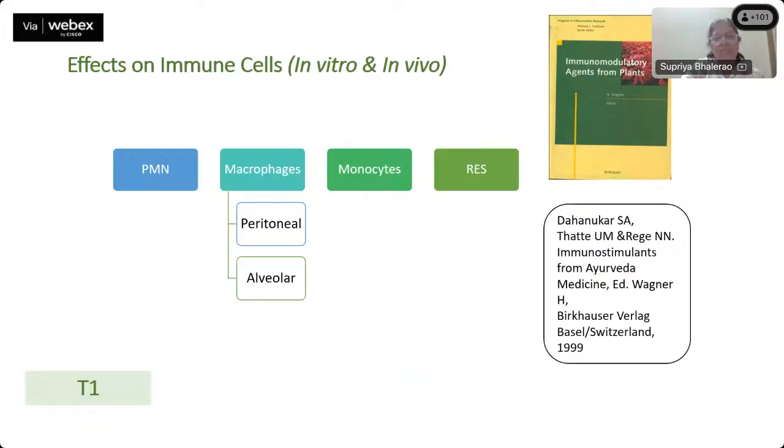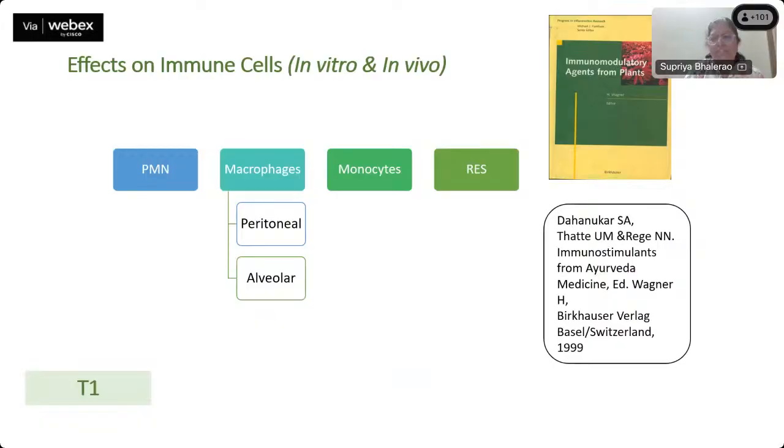And you can see this work was done in 1999, when the term translational research was not at all there. So this is T1, in vitro and in vivo studies. And then they did a lot of clinical studies.